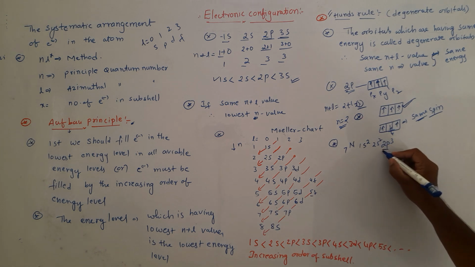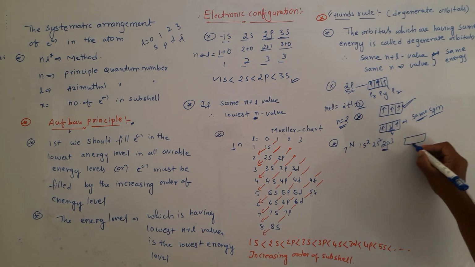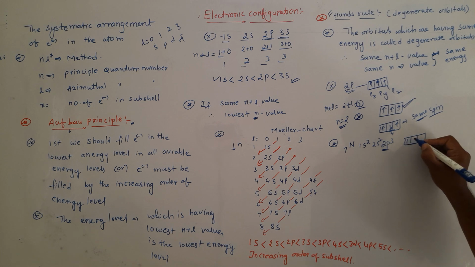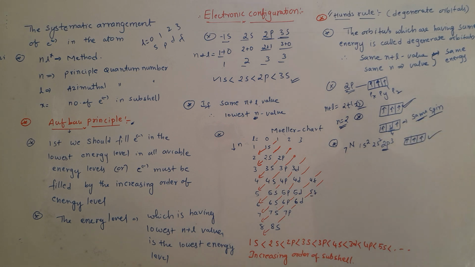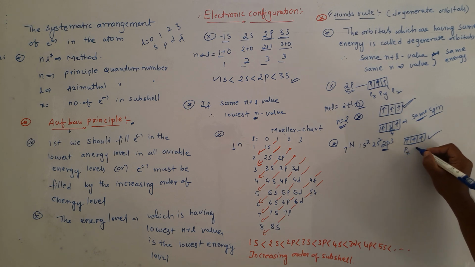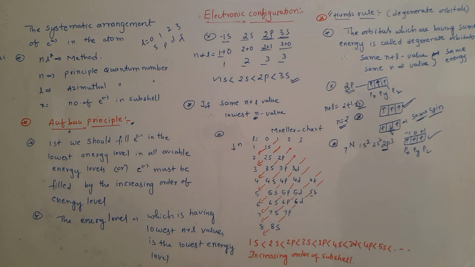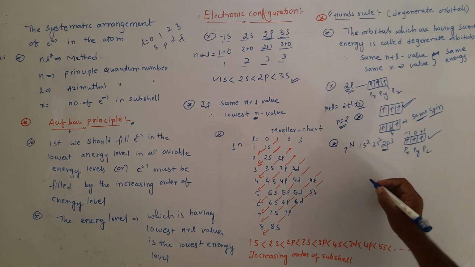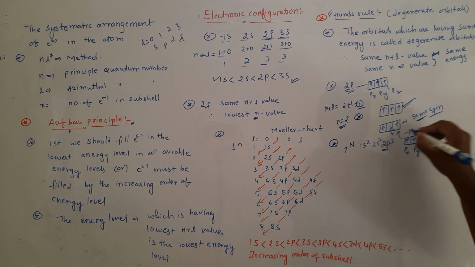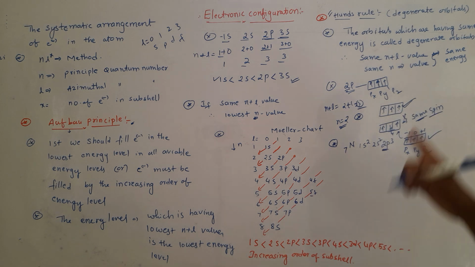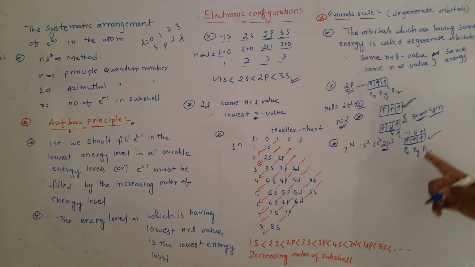So in 2p3, how do we fill the electrons? 1, 2, 3. This is the correct electronic configuration. This is px, py, pz, with magnetic quantum numbers -1, 0, plus 1. Next, if you fill like this, this is the wrong electronic configuration. It is not following Hund's rule.